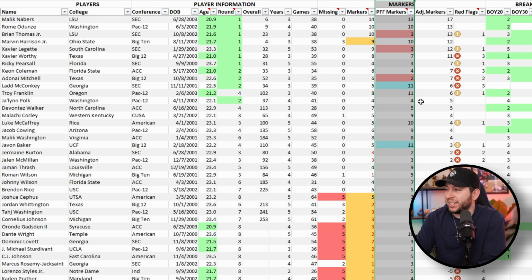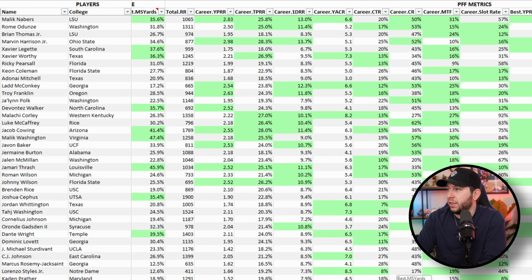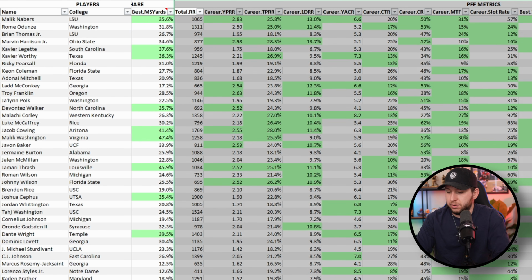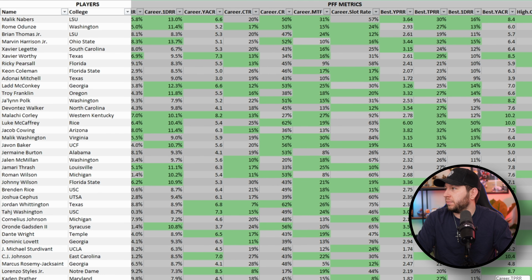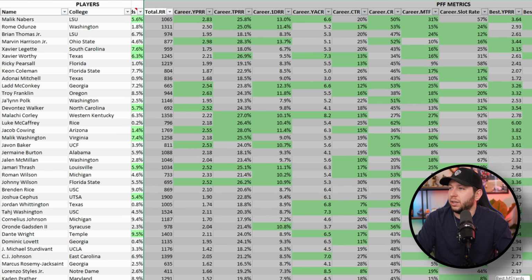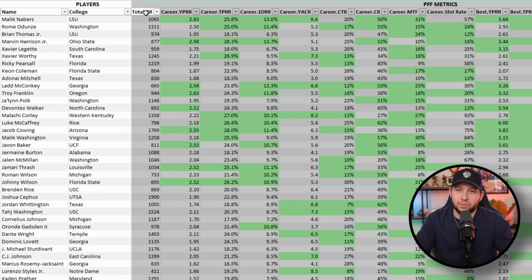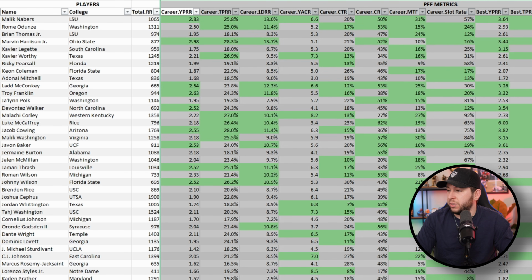So I have 16 Pro Football Focus metrics that I'm looking at. Let me see if I can get them all on one screen here. These 16 right here, 17 technically. I have total routes run in here, but I don't use them for the markers. That's just for my personal reference of how many routes these guys have been running. So these right here are the metrics.